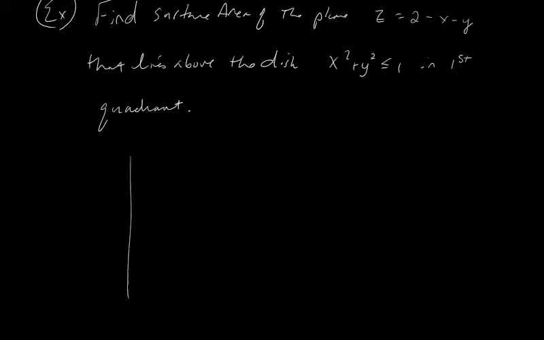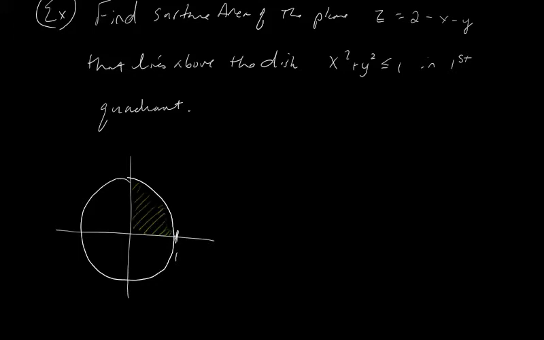Okay, so we have a disk of radius 1, x squared plus y squared is less than or equal to 1, and we're only interested in that first quadrant. So we're looking for the area of our plane lying above this.